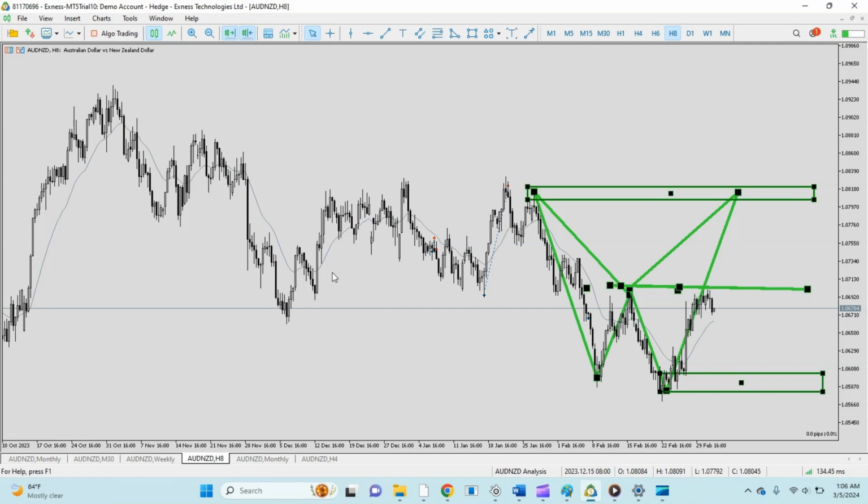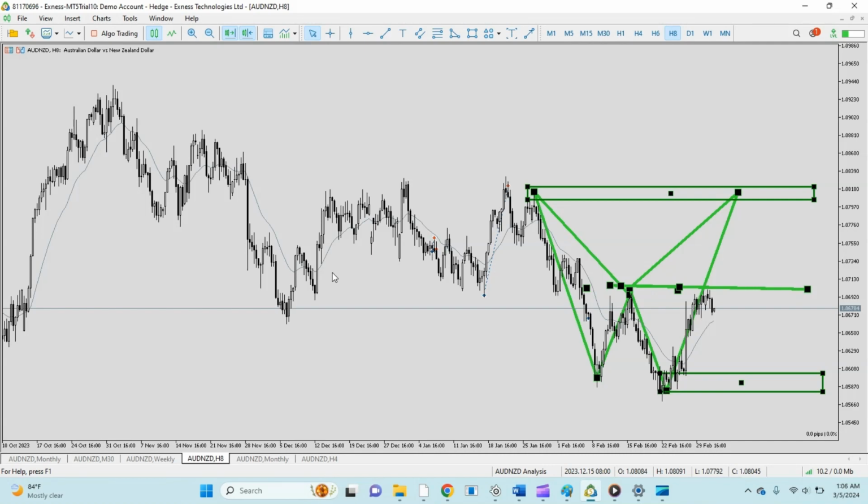Remember, we combine this with fundamentals. So as you are doing your technical analysis, you also keep an eye on the fundamentals to see what is happening, political news, economic news.